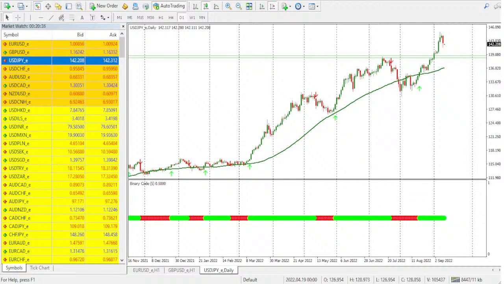If the price comes down and touches this line, then this will give us the ideal place to look for a buy from. I hope that makes a lot of sense.